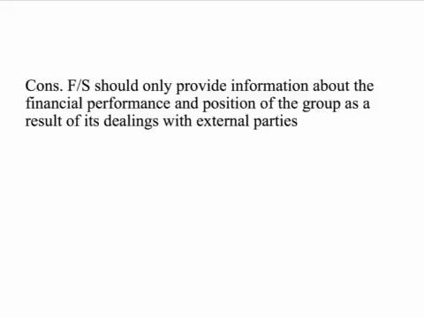Before I look at the adjusting entries, just recapping once again what the aim of consolidated financial statements is, and that is to provide information about the financial performance and position of the group as a result of its dealings with external parties only.